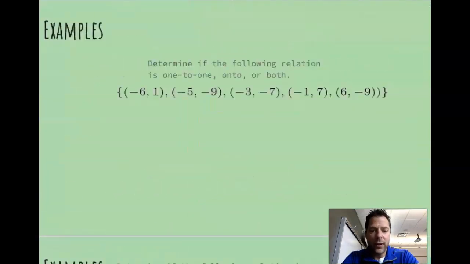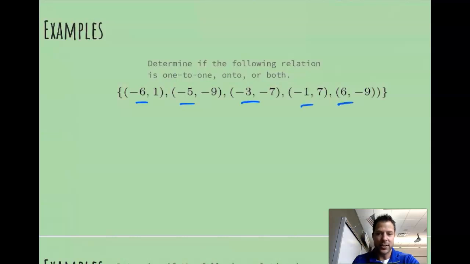Okay, so let's look at an example. Determine if the following relation is one-to-one, onto, or both. Well, number one, we have all different values for our inputs, so this is a function. If it's not a function, we would just stop the process, because onto and one-to-one functions, if we have a relation that's not a function, this is out. All right, so let's try a mapping diagram.